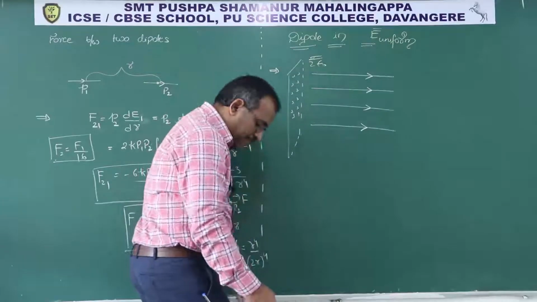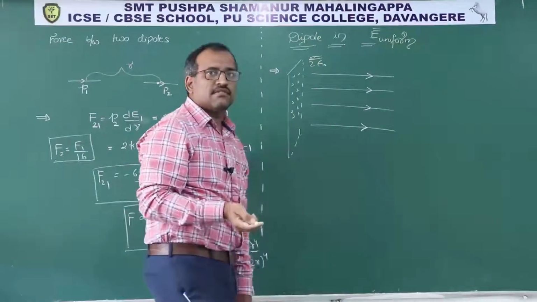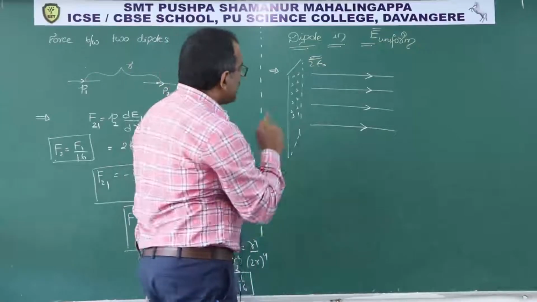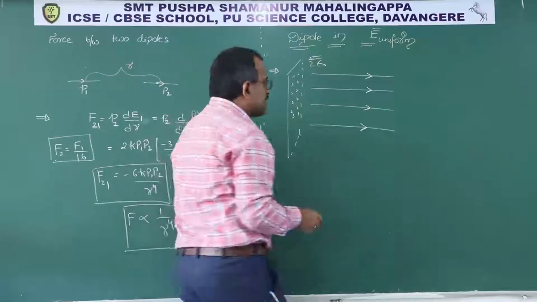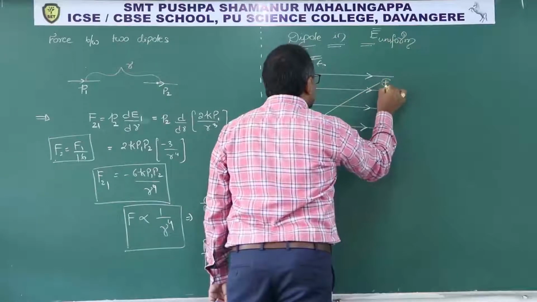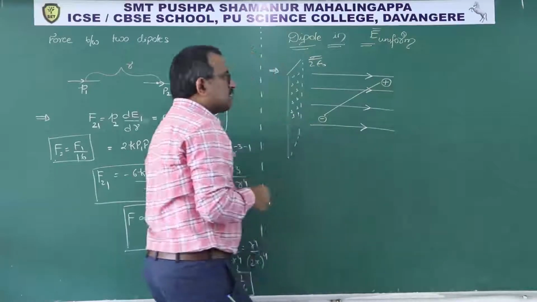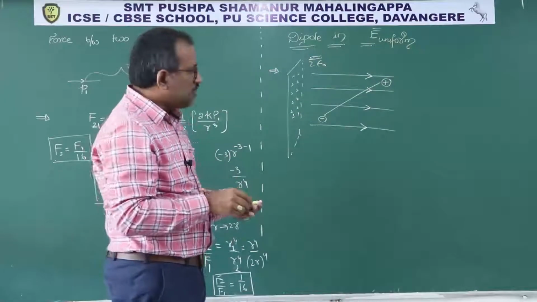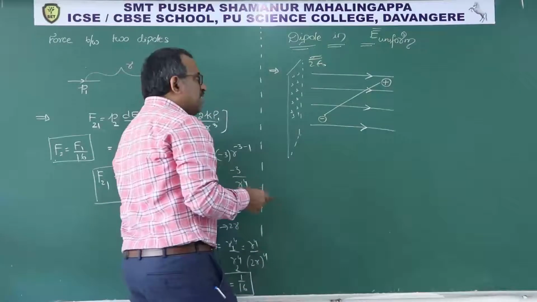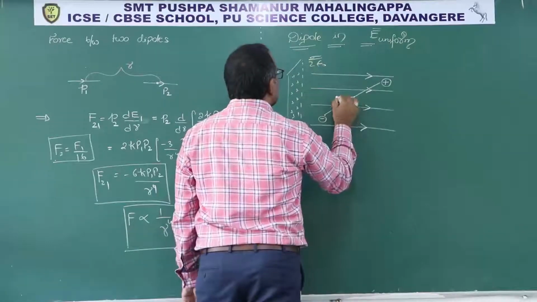Now in this, I am placing a dipole like this. Please make sure to understand positive value and negative value, because that is plus q and minus q, and you know electric field, and you know dipole moment.